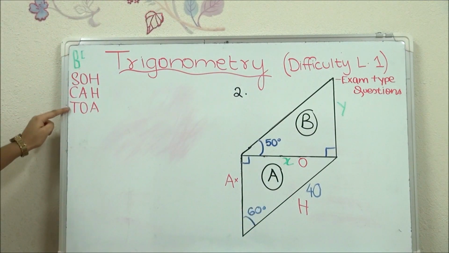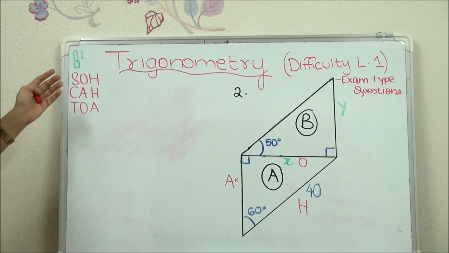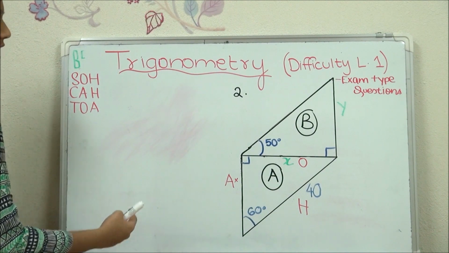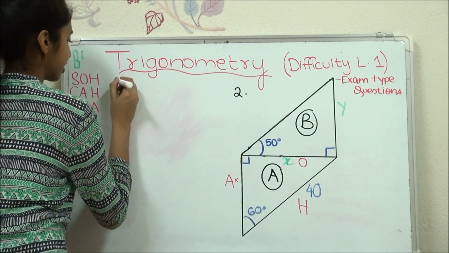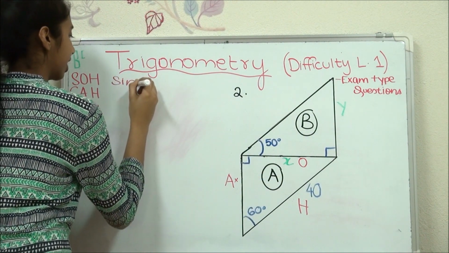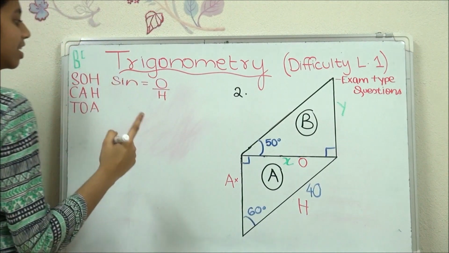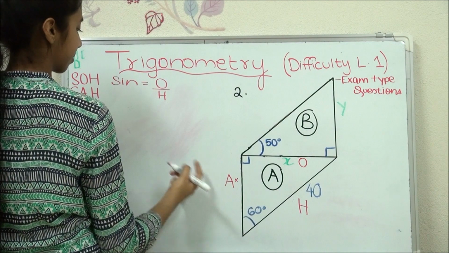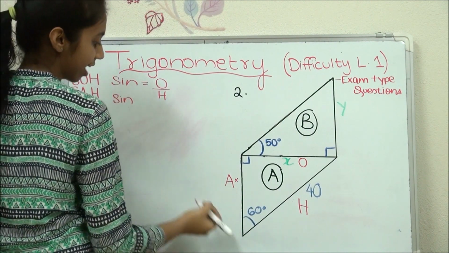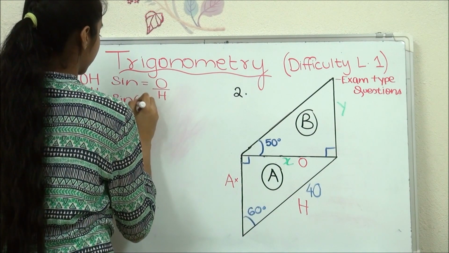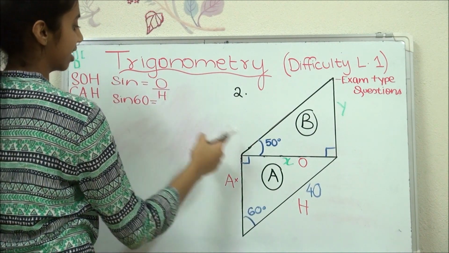By looking at the formulas, we can find that SOH, or sine, is the formula that we're going to use for this triangle to find the length of x. So we write the formula first. Sine equals opposite over hypotenuse. Now we can start substituting it. So sine theta, theta is the angle, that is 60 degrees. Sine 60 equals opposite over hypotenuse.